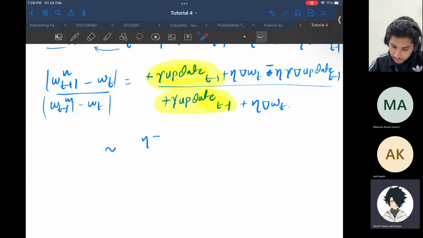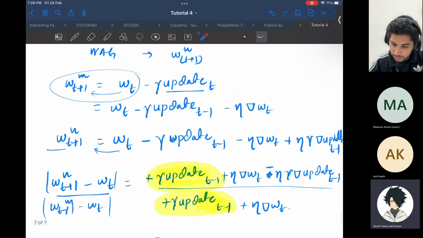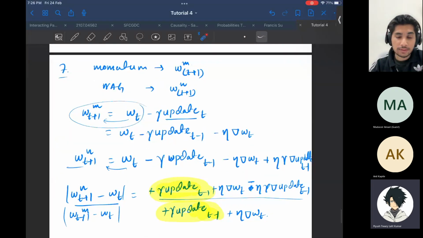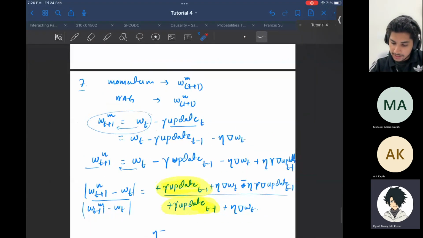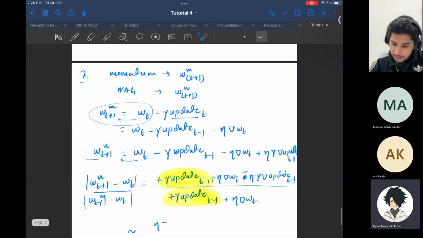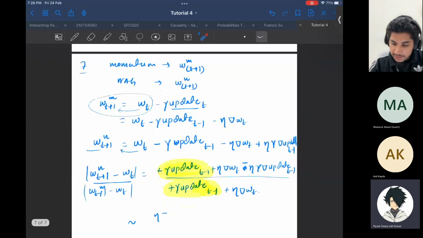Okay. So, what I was saying was, we were given that at time instant t, we are using momentum and we reach, let's say, WMt plus 1, and using NAG, we reach WNt plus 1.